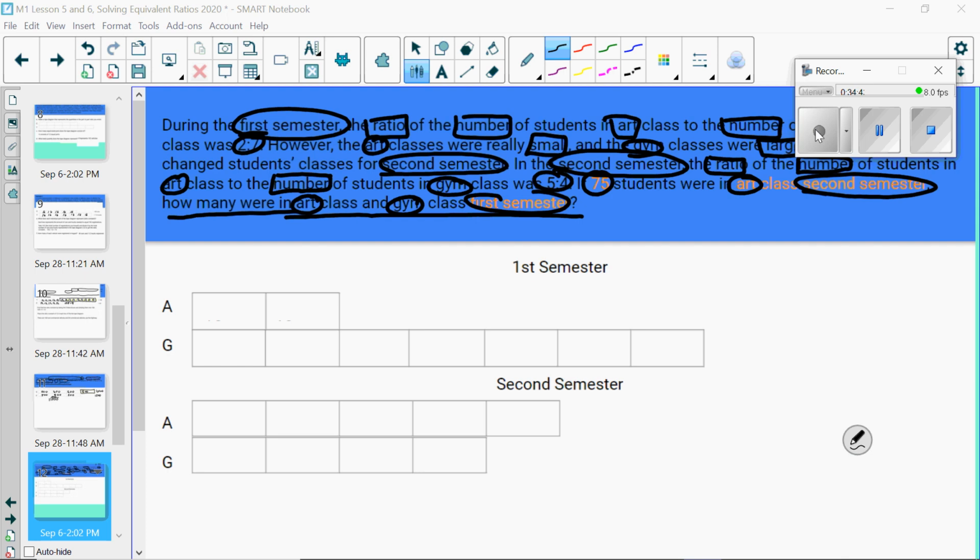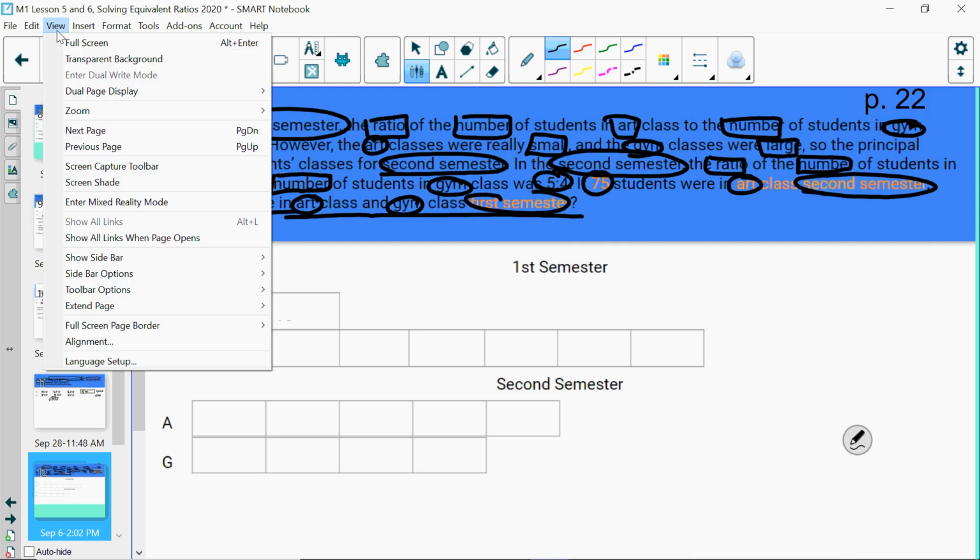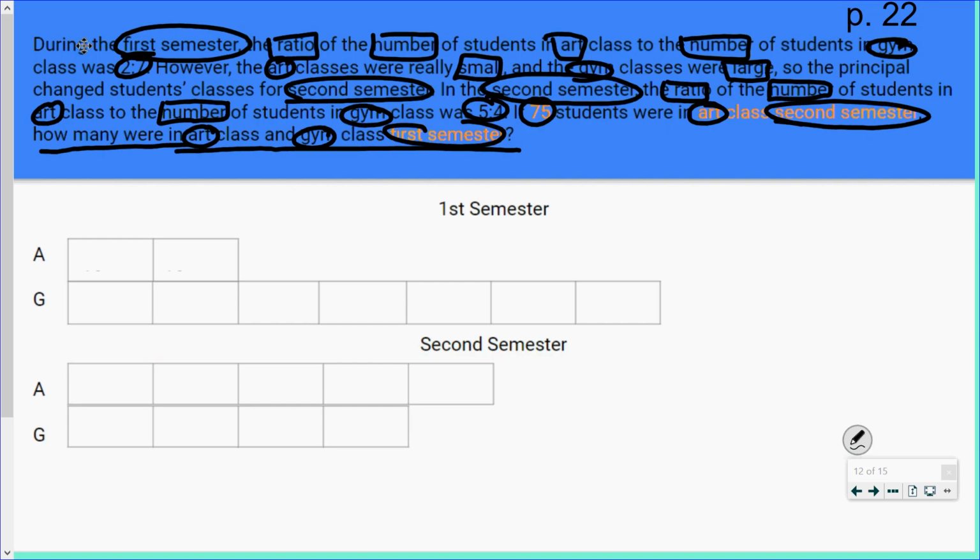Okay, so let's start to work through this together. Again, they always have to give you some additional information. Just the ratios isn't enough. So we had enough to draw our tape diagrams, but what was that key third piece of information they gave us? Jacob? 75 art class second semester.